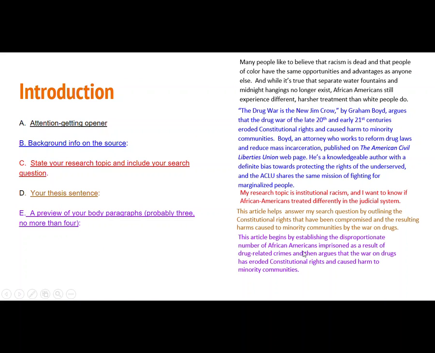So this article begins by establishing the disproportionate number of African Americans imprisoned as a result of drug-related crimes, and then argues that the war on drugs has eroded constitutional rights and caused harm to minority communities. And my preview comes from the summary that I did previously.